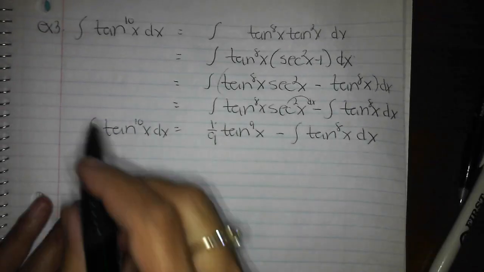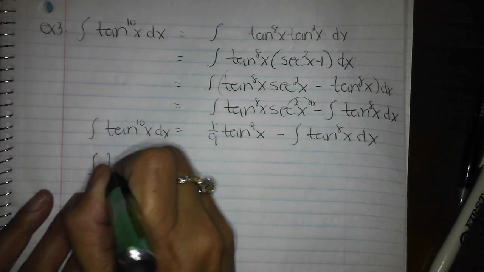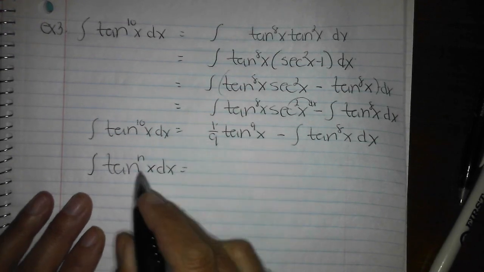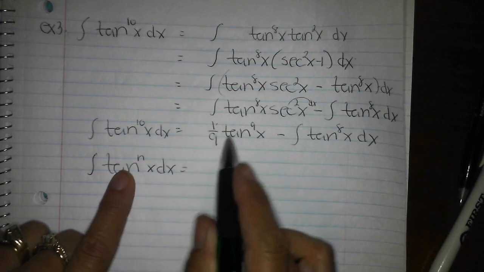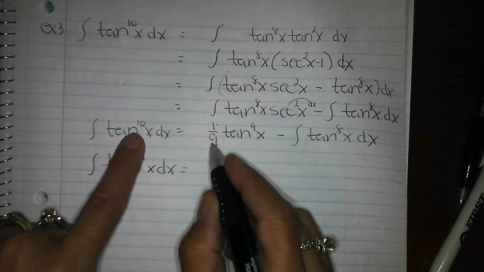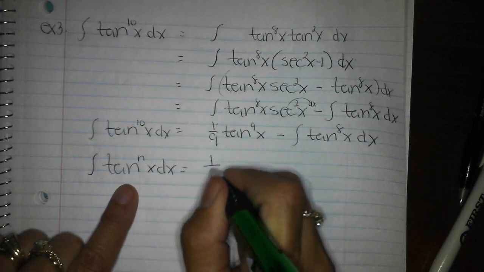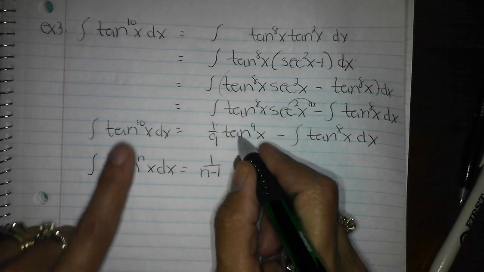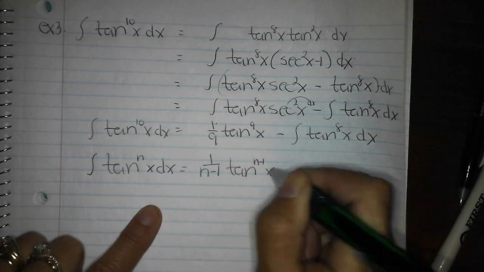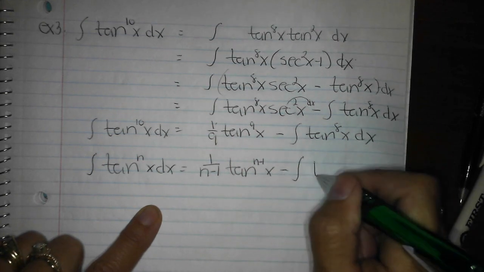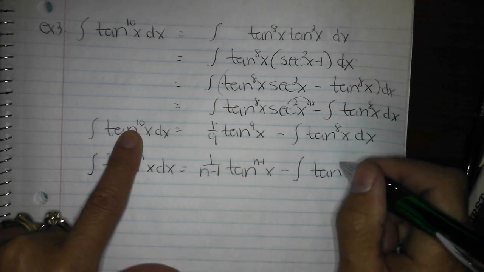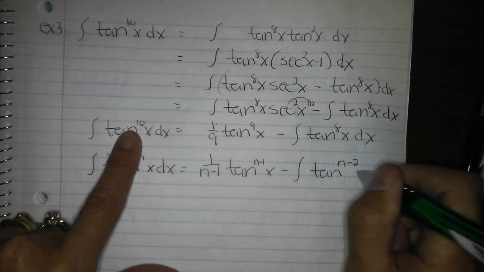So looking at this, I am surmising that, just comparing my 10 with the values that are here, this should be 1 over n minus 1, tan to the n minus 1, minus the integral of tan, and comparing 8 to the 10, that's 2 less, so n minus 2.